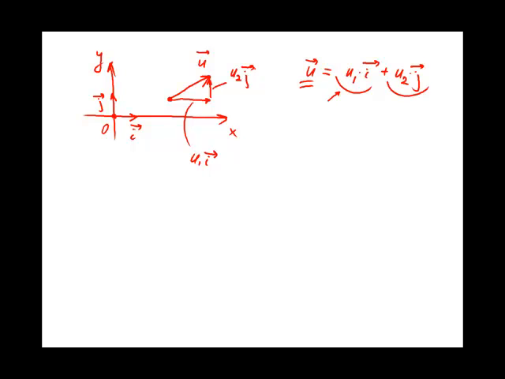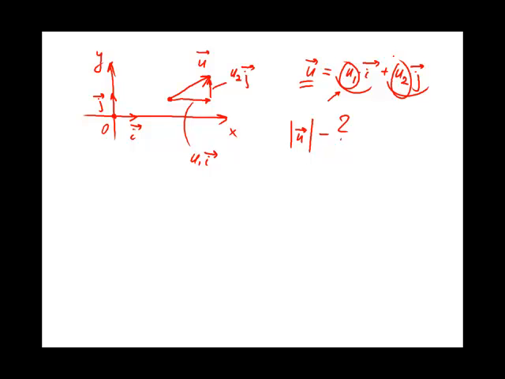If I know u1 and u2, how to find the length of vector u? If I know u1 and u2, we need to use some theorem. What theorem do we remember?